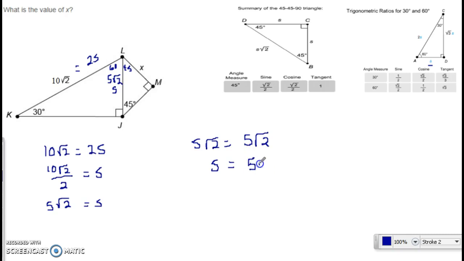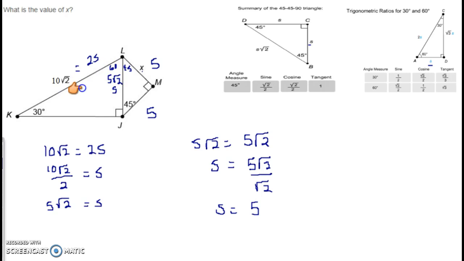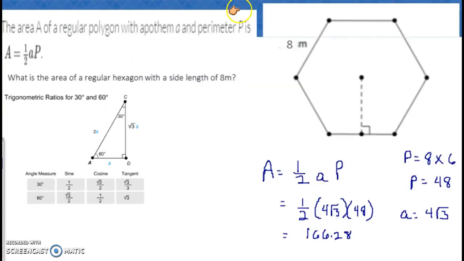If we divide 5 times the square root of 2 over the square root of 2, then S is now 5. So our S value is 5, and that's going to be 5. That's how you use this information on this triangle to find this information.